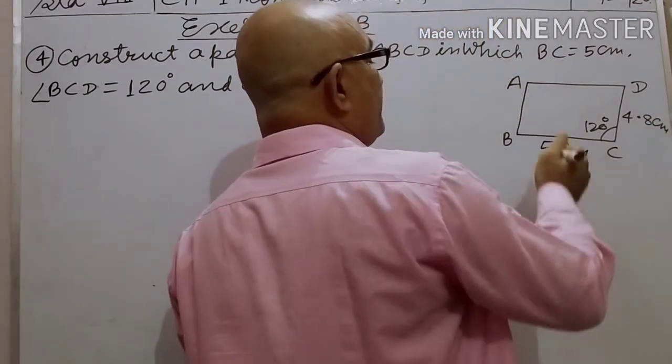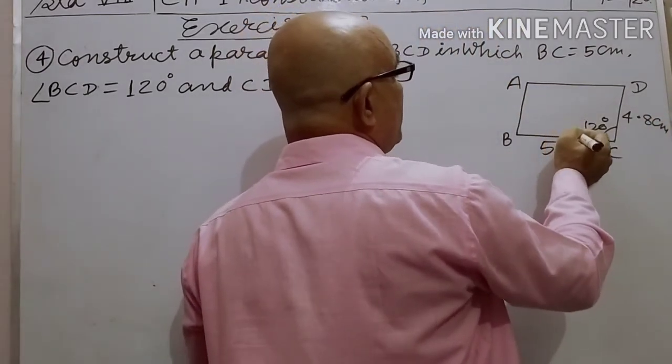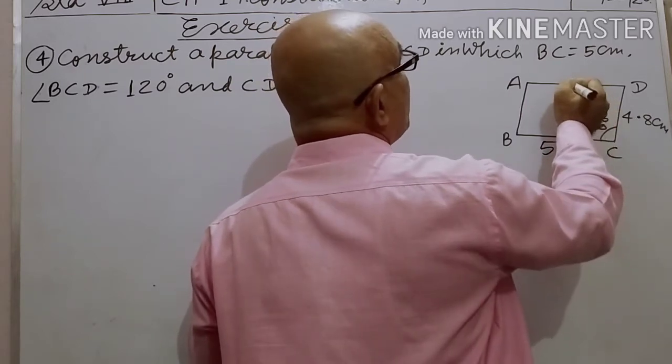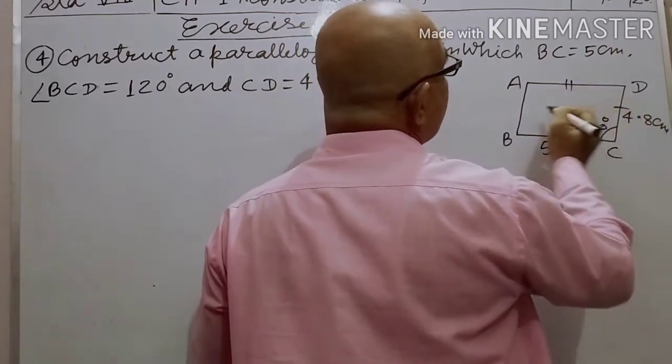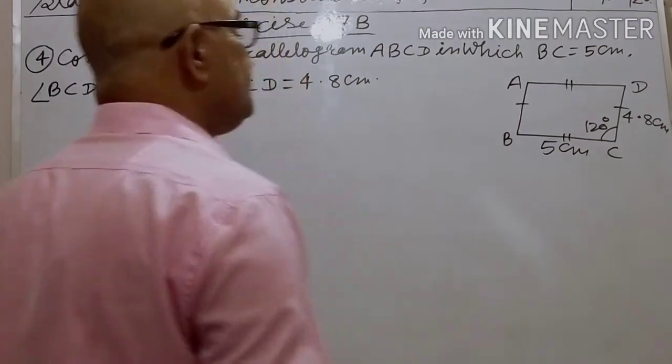We know that opposite sides are equal. So BC equal to AD and CD equal to AB.